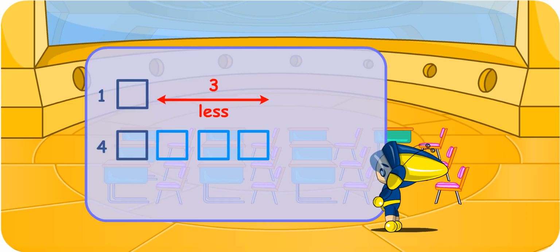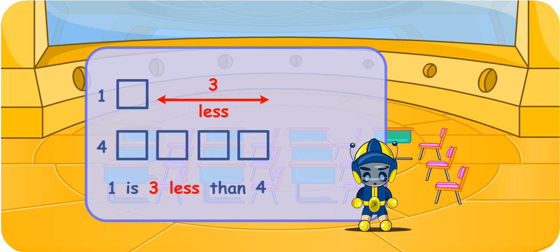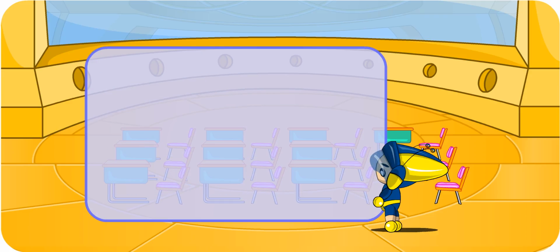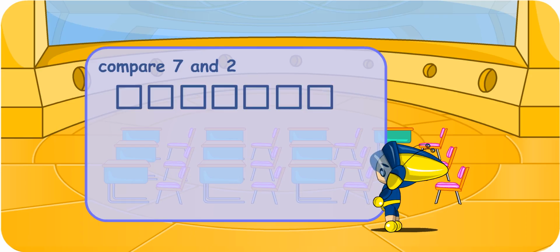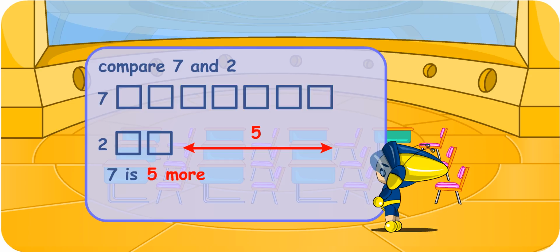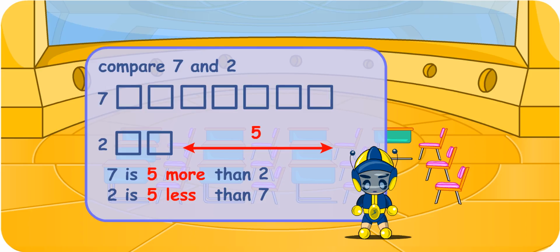Since 1 is less than 4, we can say that 1 is 3 less than 4. Oh, I understand now. Let me try. When I compare 7 and 2, I draw 7 squares for 7 and 2 squares for 2. From my drawing, I can tell that 7 is 5 more than 2, and 2 is 5 less than 7. Very good, Turbo Boy. That's correct.